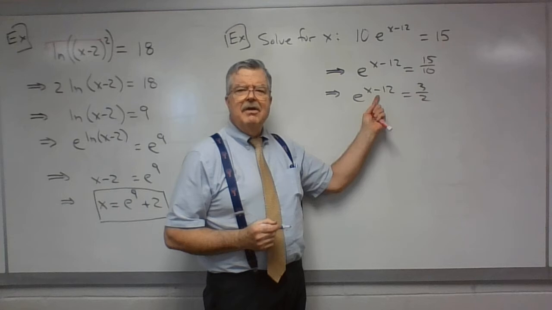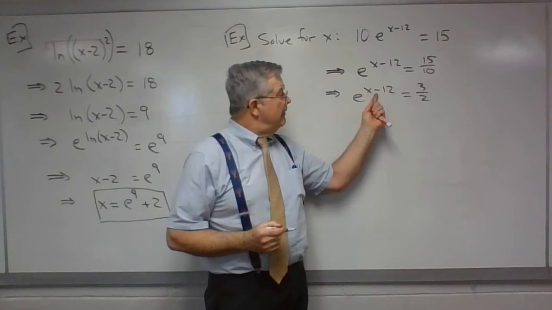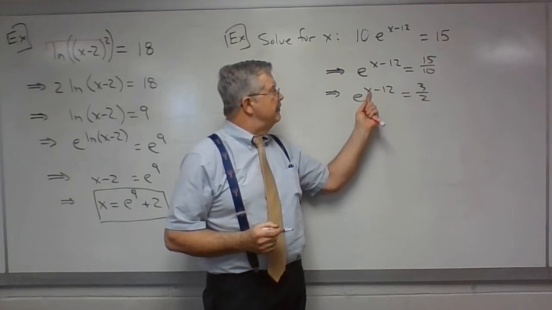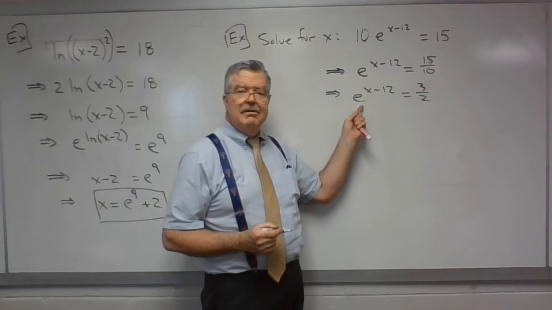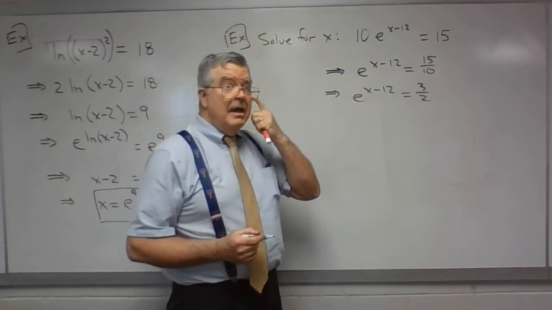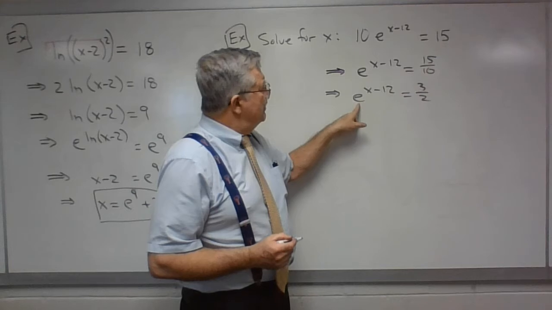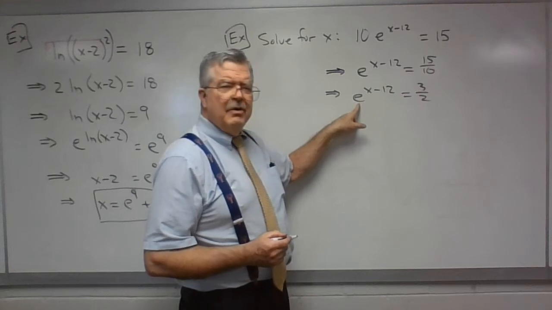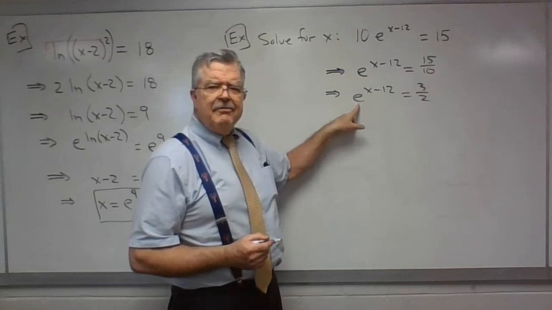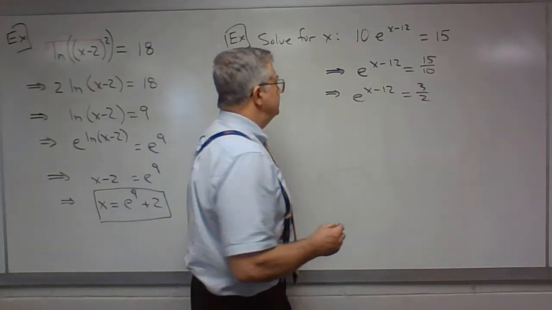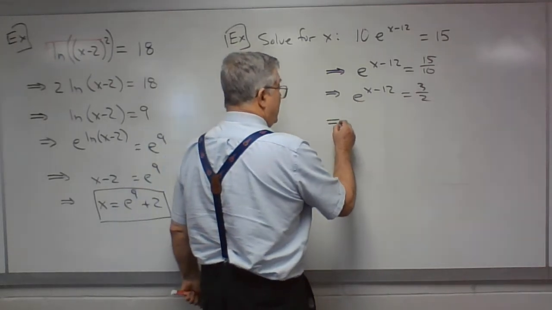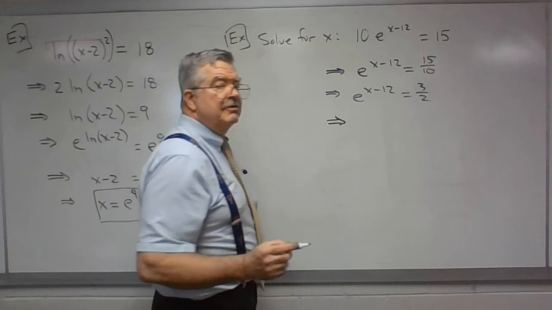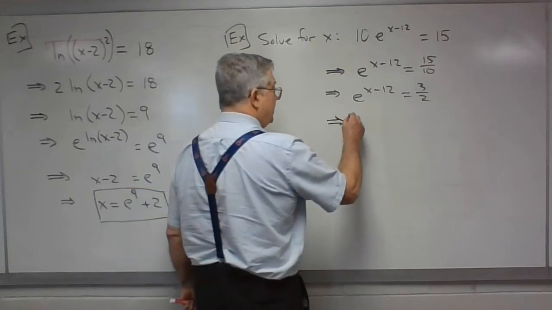Okay, what should I do next? I have to remove this x from the exponent of e. How do I do that? Don't I use the natural logarithm function to undo the exponential function? I'll use both sides of the equation as the argument of the natural log function.